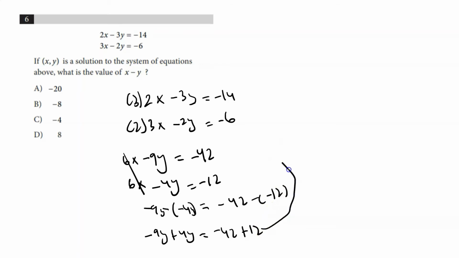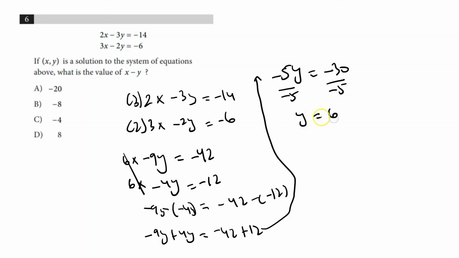Moving to the top, we have that negative 5y equals negative 30. Dividing both sides by negative 5, we have that y equals 6. And now that we have y equals 6, we can plug it back in to either one of these equations. Let's use the top one. So we have that 2x minus 3y, and y is 6, so 3 times 6 equals negative 14.